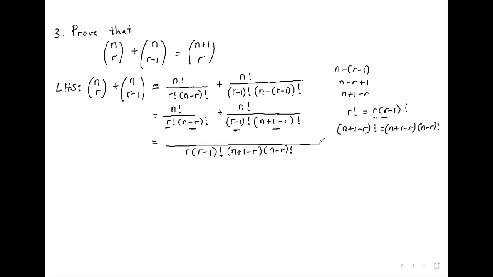When you divide r factorial in this, we get 1, and then this one in this, we get this piece here. So we get n plus 1 minus r, and then multiplied by n factorial, plus this one is this whole thing.